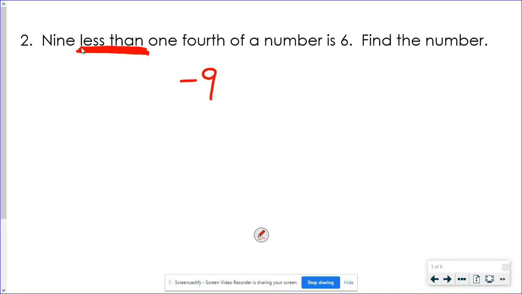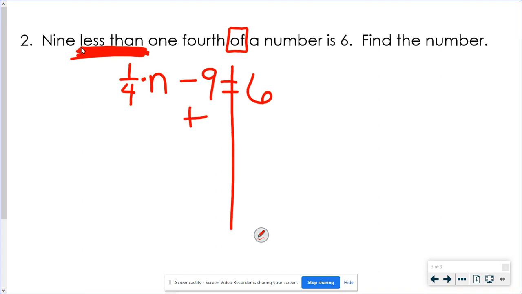And then when I say 1/4 of a number, here's another word that you need to know. The word of in algebra means multiply. So I'm going to have 1/4 times a number, and I'm going to take 9 away from it because it was 9 less than that is 6. And again, I'm just going to solve this problem kind of quickly because that part is review now.